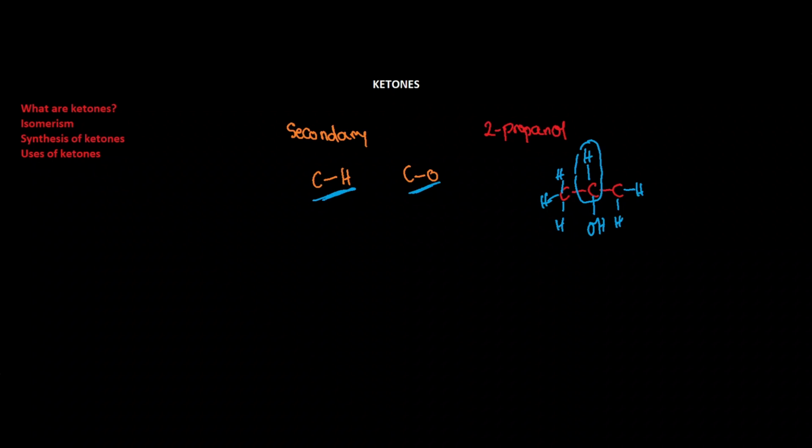The bond between the carbon and the hydrogen is made of one electron from carbon and another electron from hydrogen. And of course the hydroxyl group can be represented in this way.